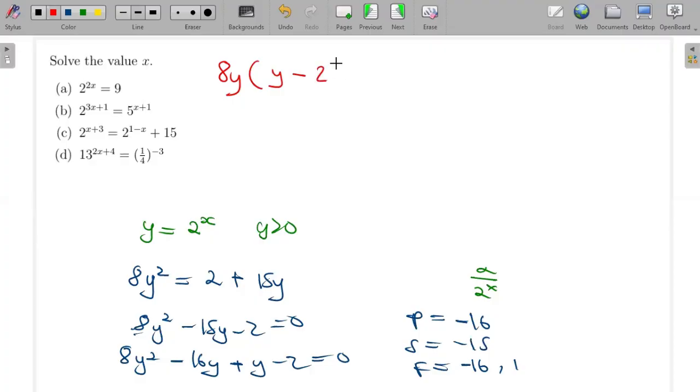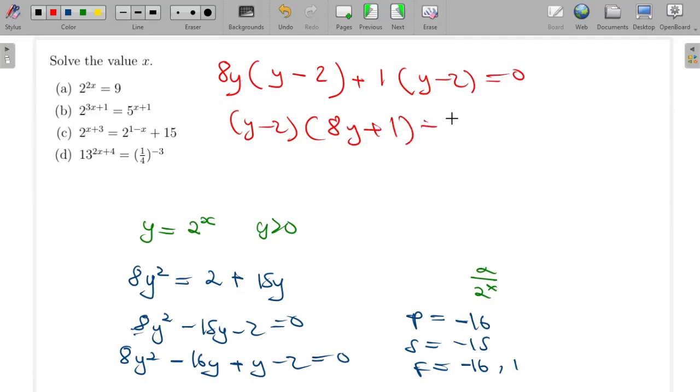So I get negative 2 there. And then on the other side I can just factor out 1, then I get y minus 2 equal to 0. So my factors are y minus 2 and 8y plus 1. These are my linear factors.